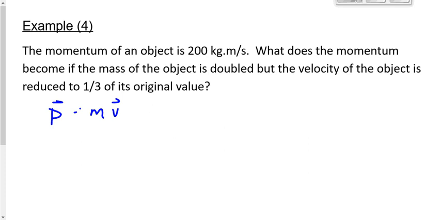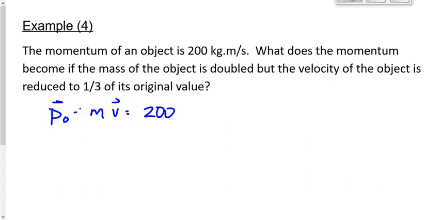That's an equation that's on our data sheet, an equation that we use to find momentum. But I'm going to put a little subscript there. Po is equal to M times v and is equal to 200. What do you think the o stands for? Original. You could call it old or original. The original momentum is 200. That's what it was before I make any changes to it, right? But the original momentum is also M times v.